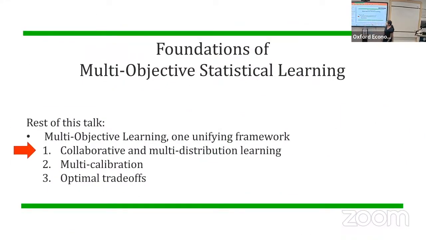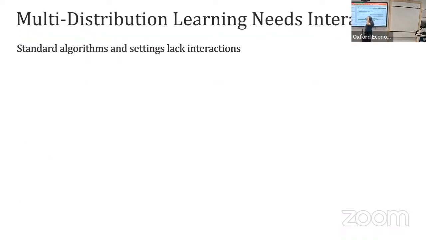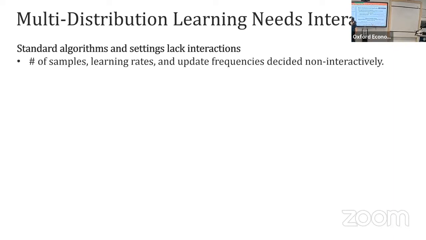And now I actually want to show you how I use this framework to address multi-distribution learning and what the way to solve it is. One takeaway I want you to have is that the average things don't work well if you just run them longer because the standard algorithms lack interaction between different subpopulations of people and lack adaptivity.